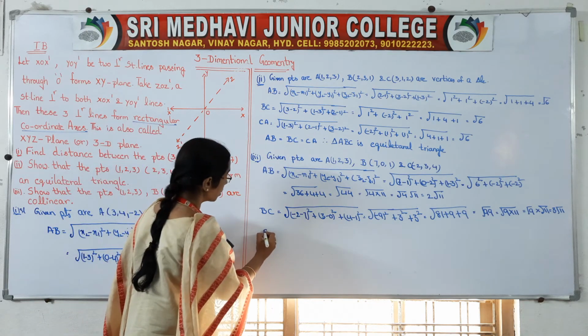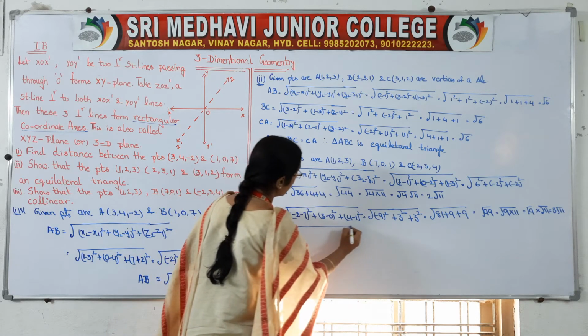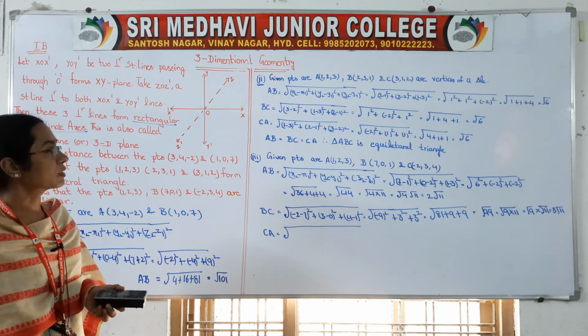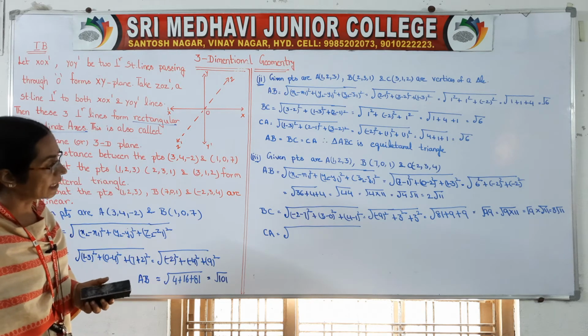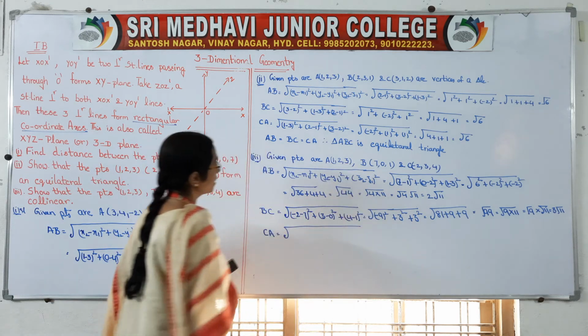Next you find out your CA. Root of, consider C as x1, y1, z1 and A as x2, y2, z2.